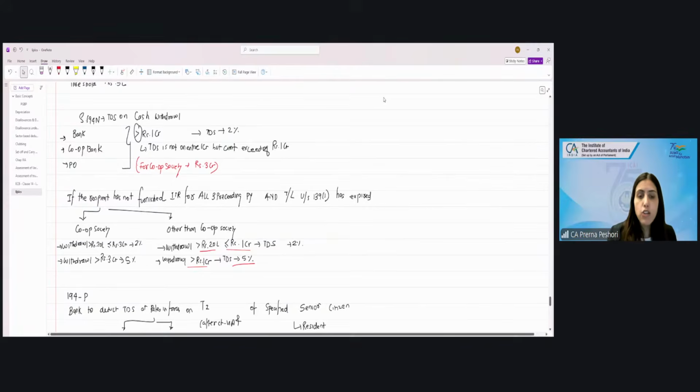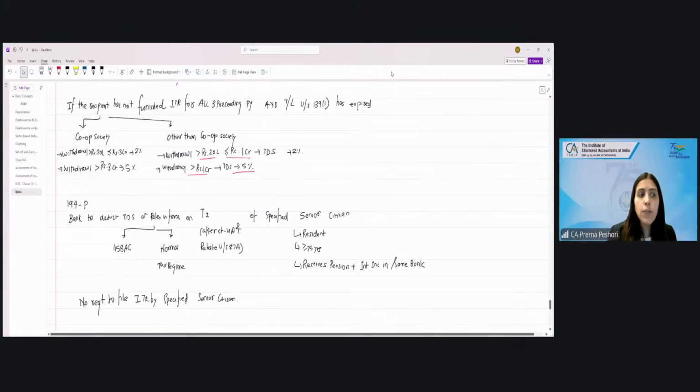Next is section 194P. What is section 194P? Section 194P is in respect of a specified senior citizen who receives the pension, and he maintains an account with a bank in which he receives the pension.